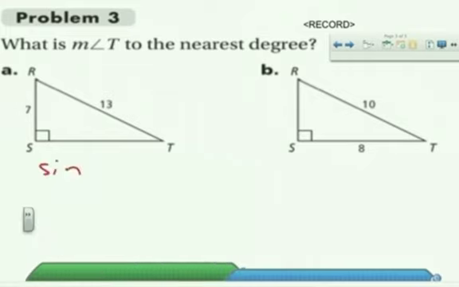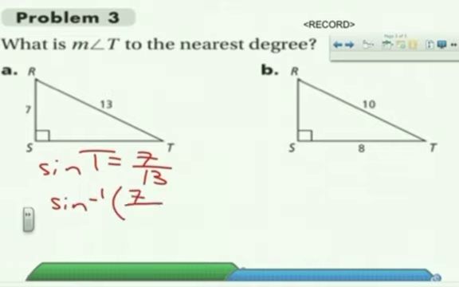Our equation is sine of t equals 7 divided by 13. Now, since we're using the inverse function to find the angle, what we're basically doing is taking the inverse sine of 7 over 13.